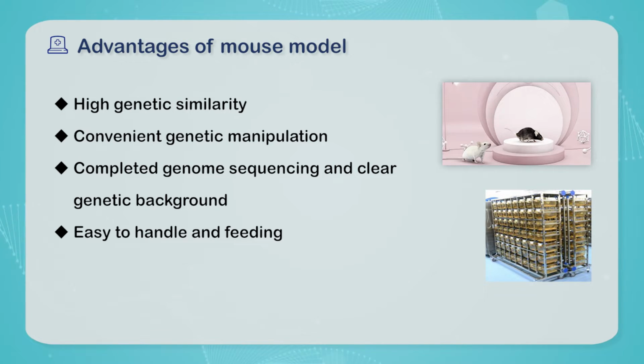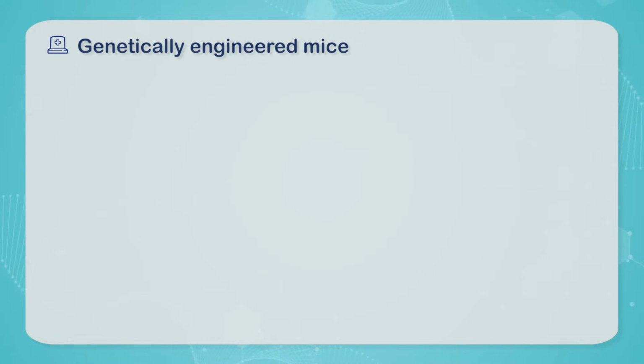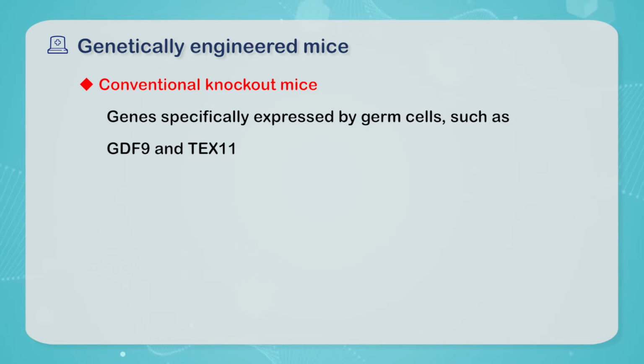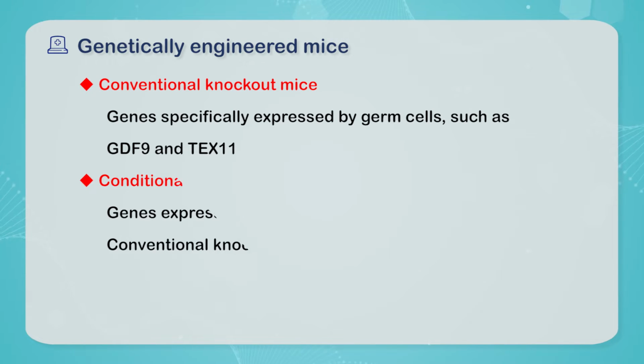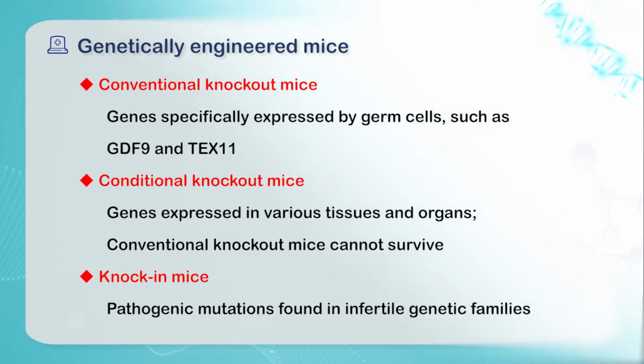They are small in size and easy to feed, with a short reproductive cycle. We generally use the following three strategies to study the in vivo function of genes: conventional knockout mice, conditional knockout mice, and knock-in mice.